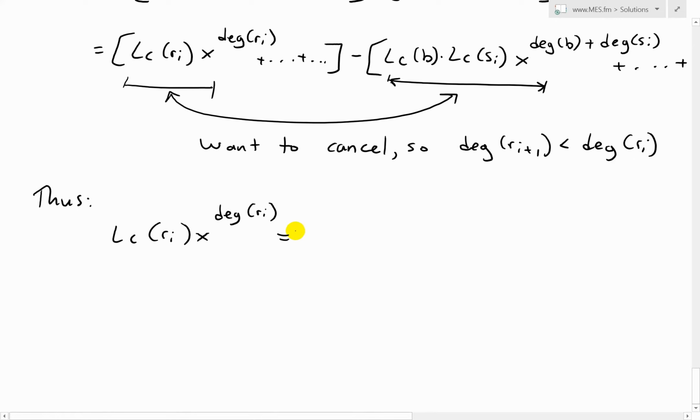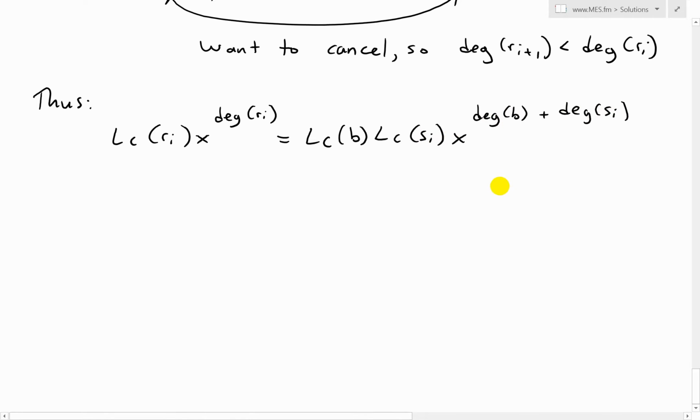So this has to equal this on the other side, LC of B times LC of SI, times x to the degree of B plus the degree of SI, like that. And this is only true if these are equal to each other. So then we have LC of RI equals LC of B times LC of SI.